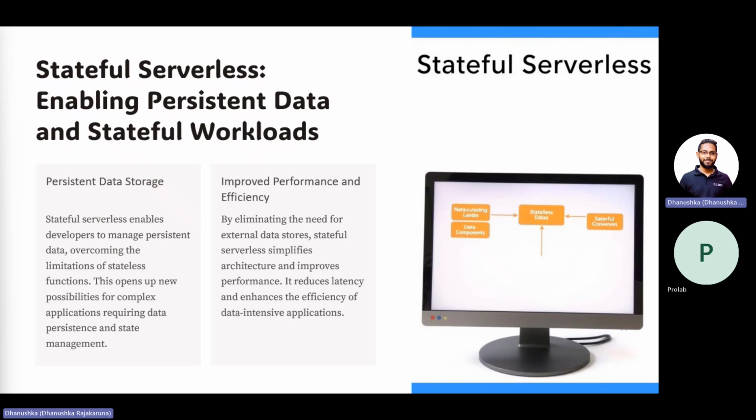The key components of stateful serverless will be durable state management, event sources, and state machines, and in-memory state for low latency. So the advantages: stateful execution models, technologies like Azure Durable Functions and AWS Step Functions introduce mechanisms to store and manage state internally.